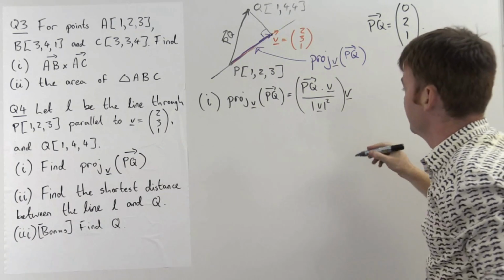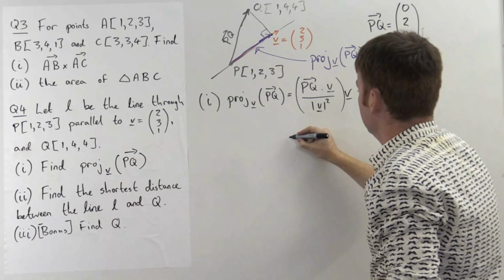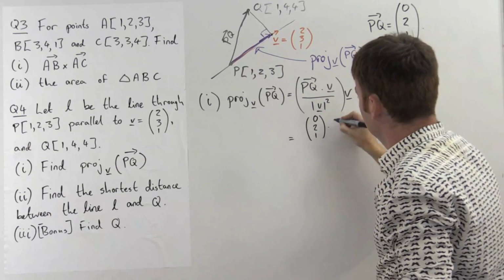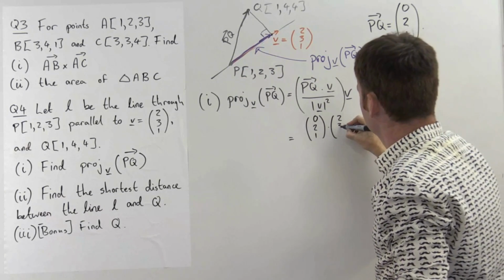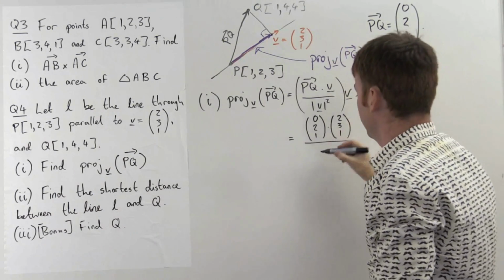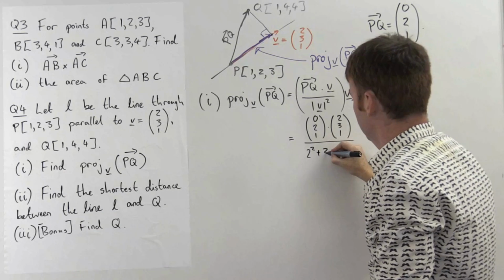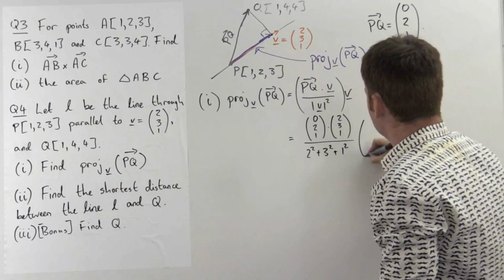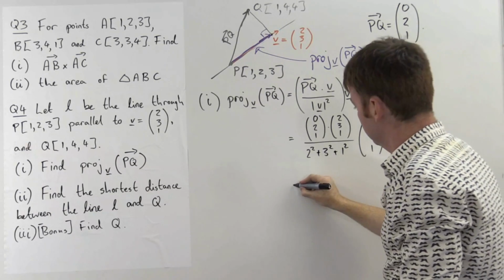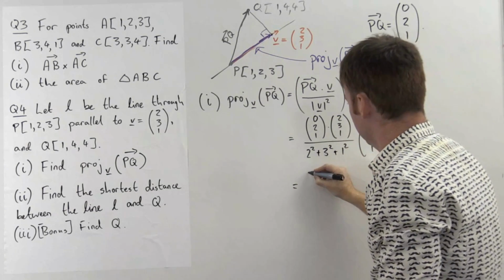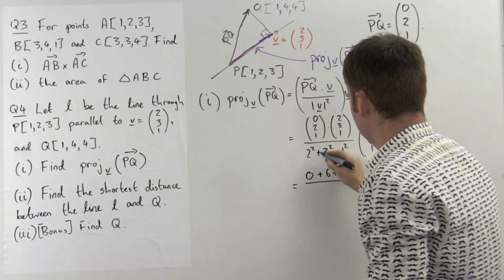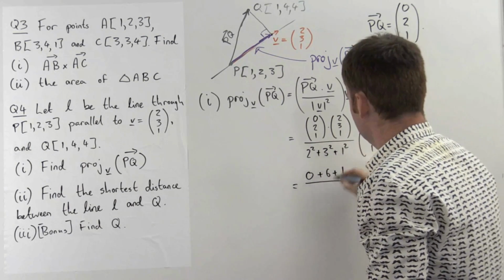And now we go forth and we actually compute some things. So we know what PQ is, and we know what V is. The length of V squared is the squared sum of these components, so that's 2 squared plus 1 squared in the direction of V. So that's 0 plus 6 plus 1 divided by 4 plus 9 is 13, 14.